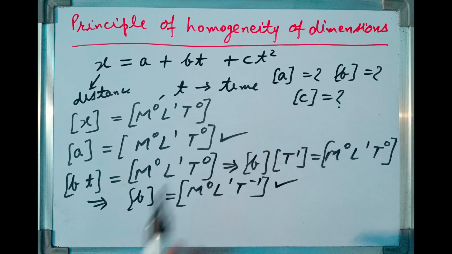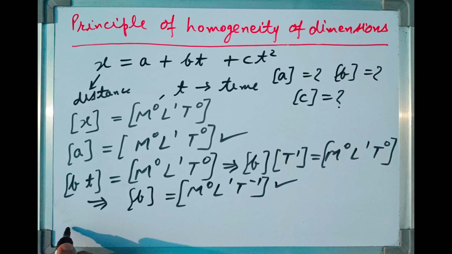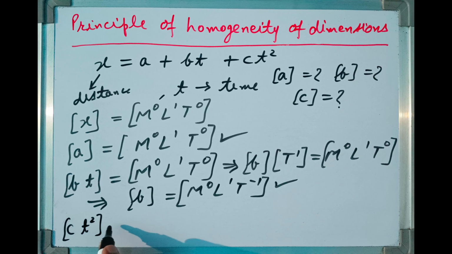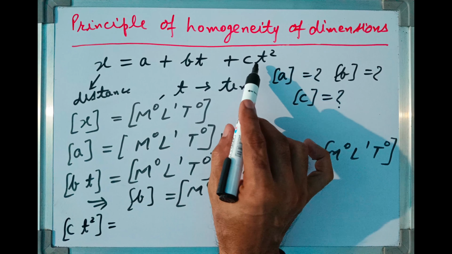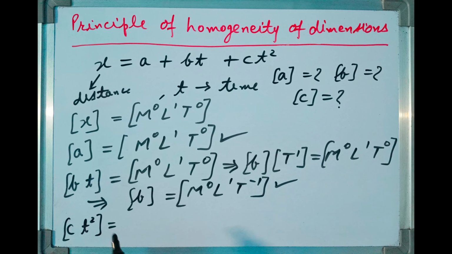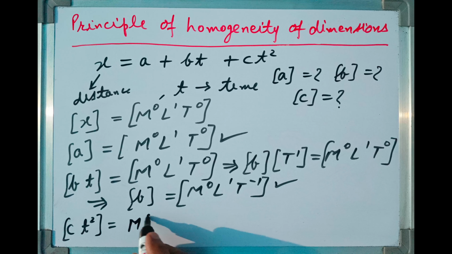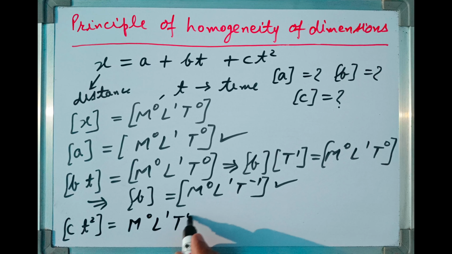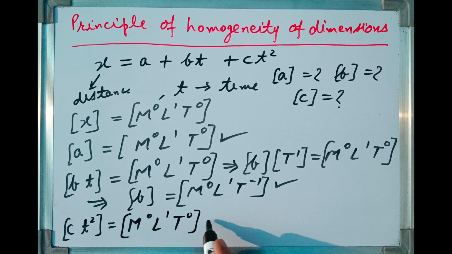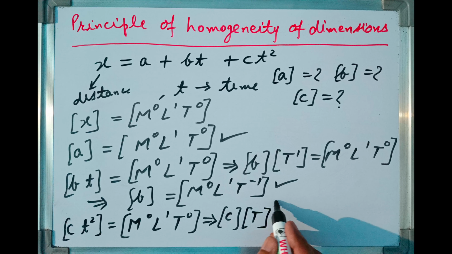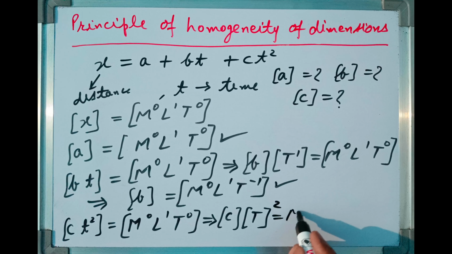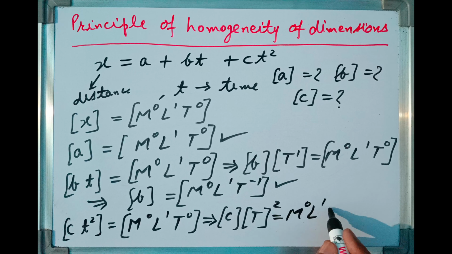In order to find the dimensional formula of c, again I will follow the same steps. ct square must have the dimensional formula same as that of the quantity on the left hand side, x, that is M0 L1 T0. From here I can write the dimension formula of c multiplied with the dimension formula of t with square is equal to M0 L1 T0.